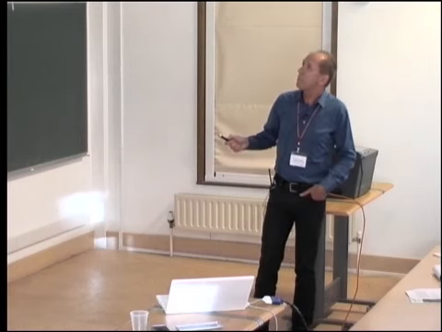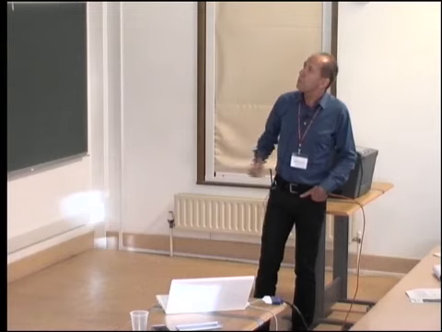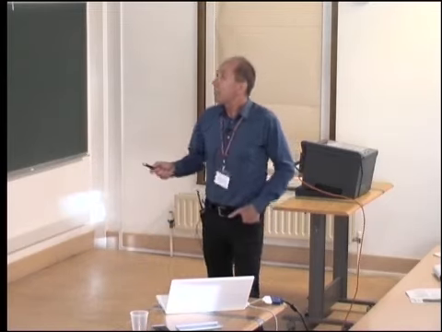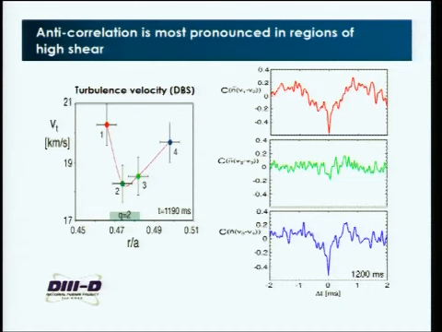We find that there's anti-correlation. The peaks in the shearing rate are correlated with dips in the fluctuation level, and the anti-correlation coefficient is about 0.5 at the time when the shear is maximum. The other interesting result was that there's not much correlation between shear and density close to the bottom of the well, but very strong anti-correlation in the high shear region.